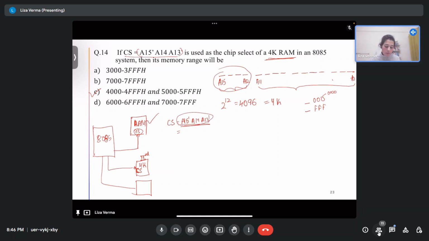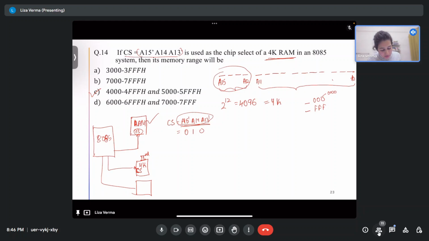Once you know the chip select of the RAM, you fix those lines as the chip select values. A15 prime means it should be low, A14 will be high, and A13 prime means this should be low, right?